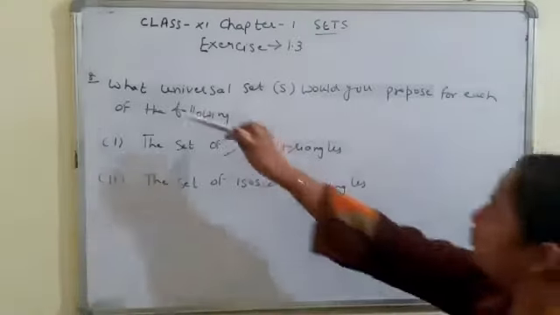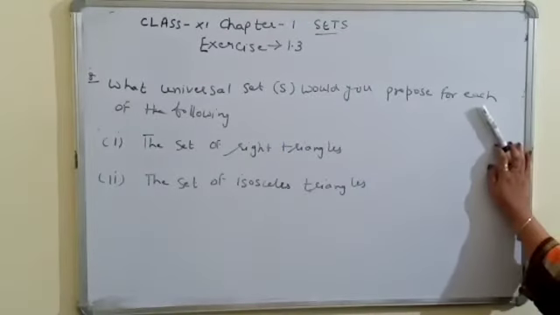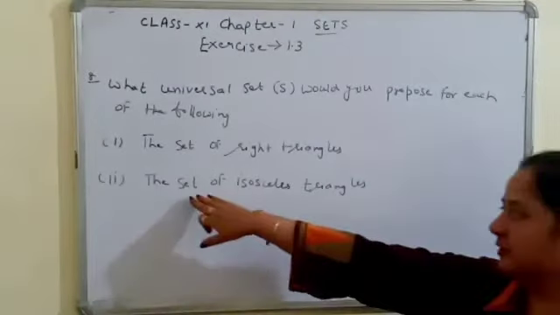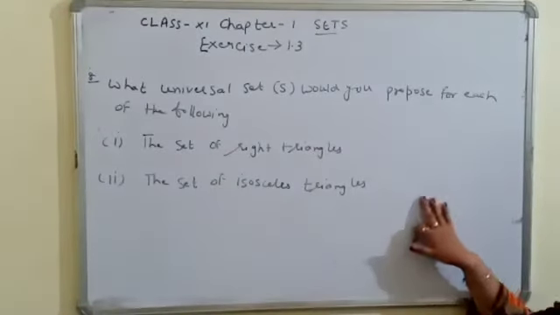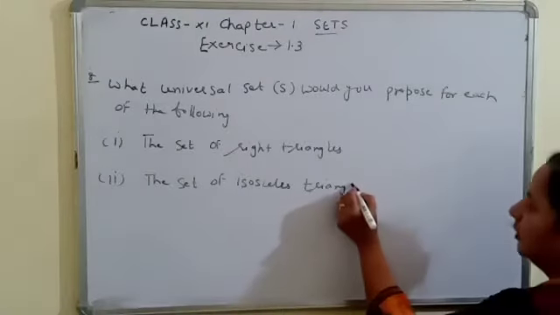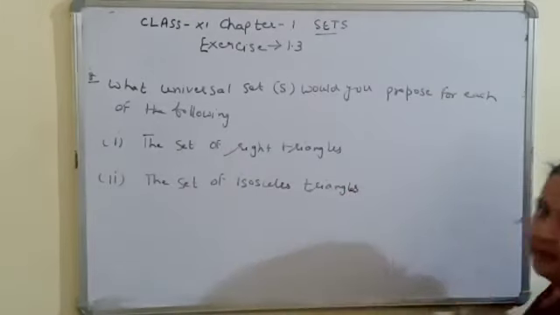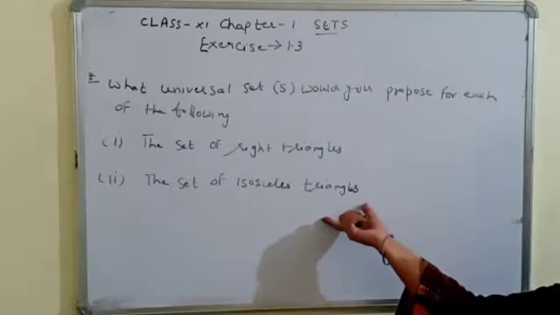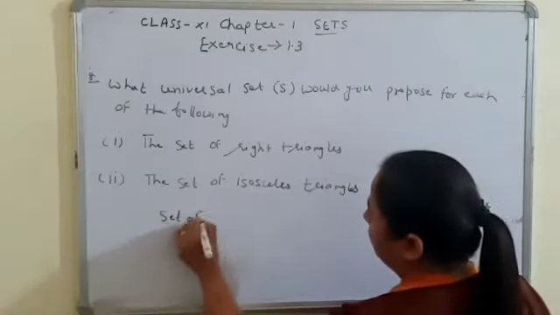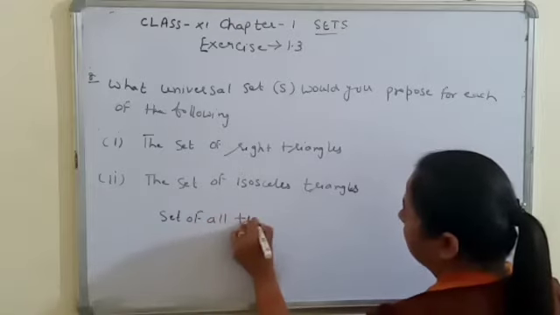Question 8. What universal set would you propose for the following? First one is the set of right triangles and second one is the set of isosceles triangles. Hope the answer is clear to you. For these two types of triangles, which universal set can we write here?